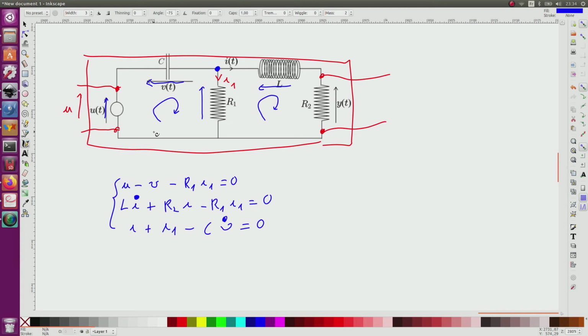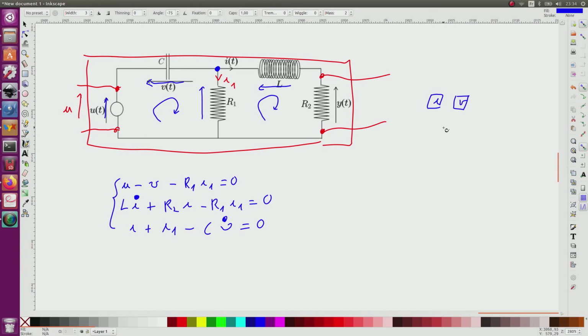Thus, the possible state variables are given by E, which is proportional to the flow here, and V, which is proportional to the charge, so here.